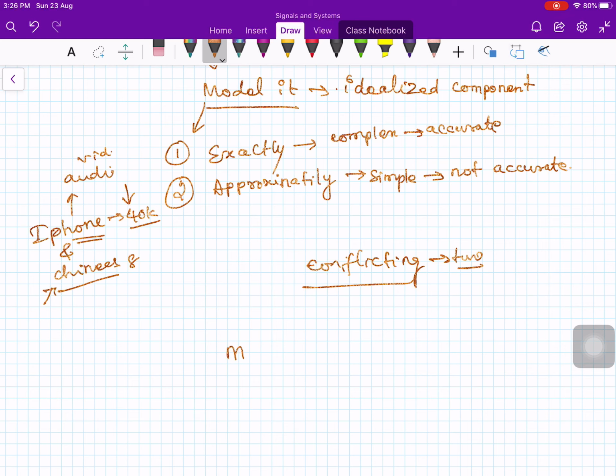As I said, a model is a mathematical representation of a system.